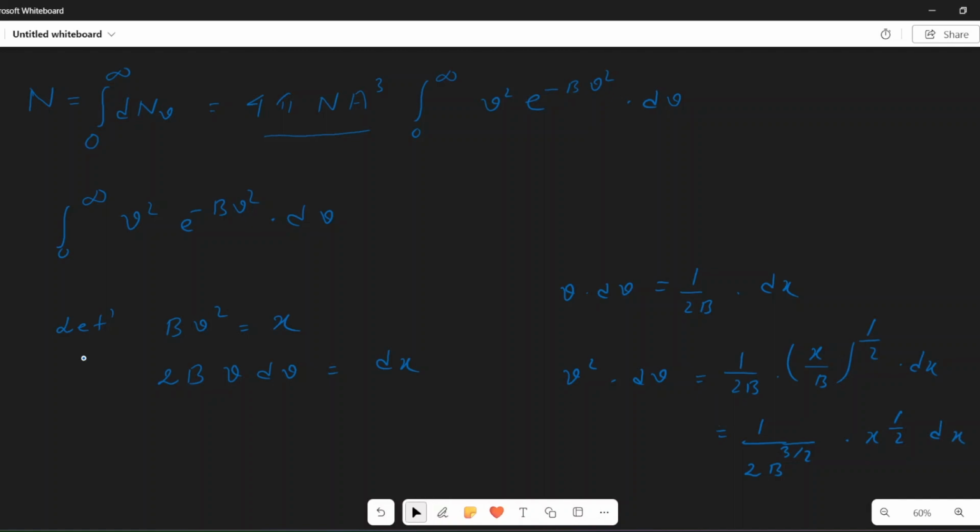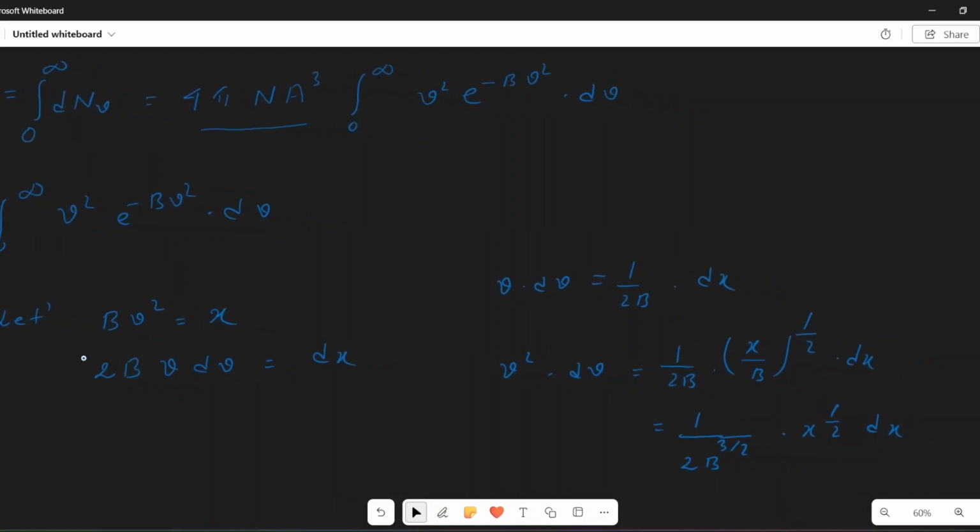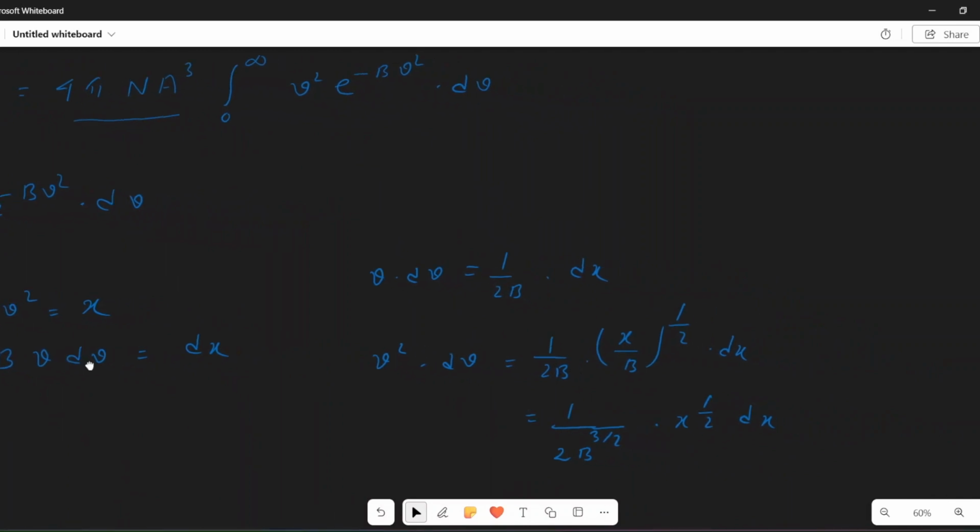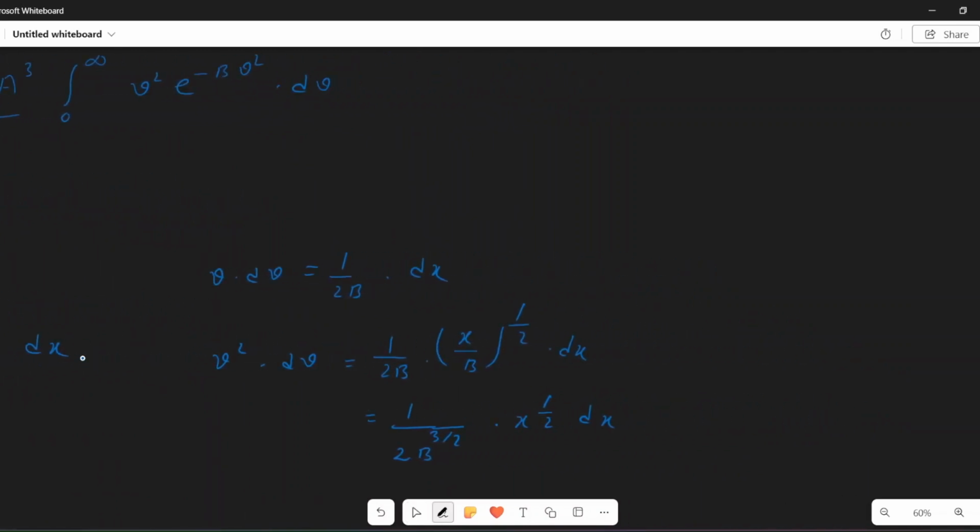Okay, till now what we have found, now let's write that expression: from the integral 0 to infinity v squared e to the power minus b v squared dv, we have this.